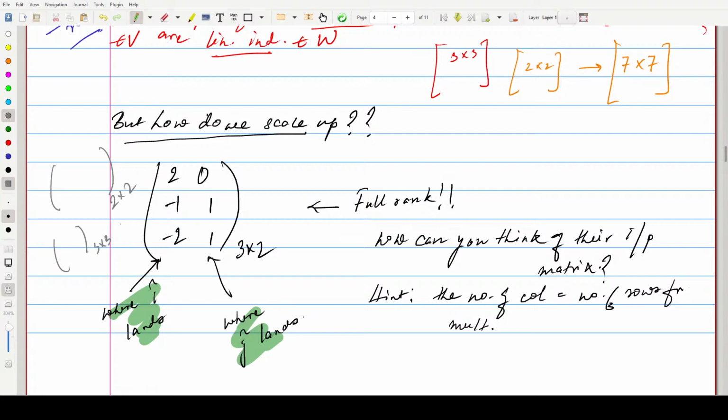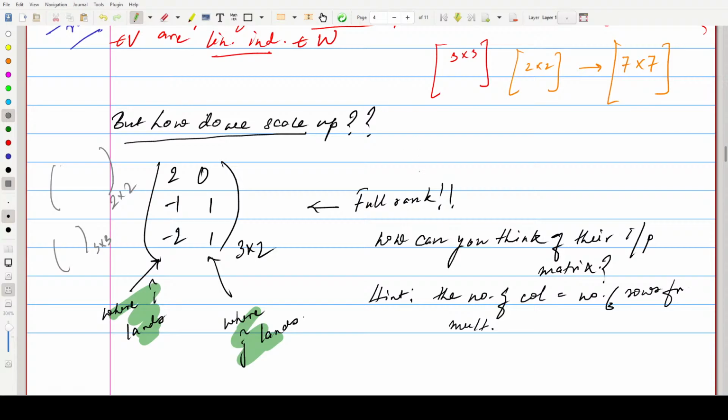So if we're going over either of these to be linearly independent, we need to have a square matrix for either of these two orders. If it's not a square matrix, we'll say that they are not essentially full rank for their transformations, right?